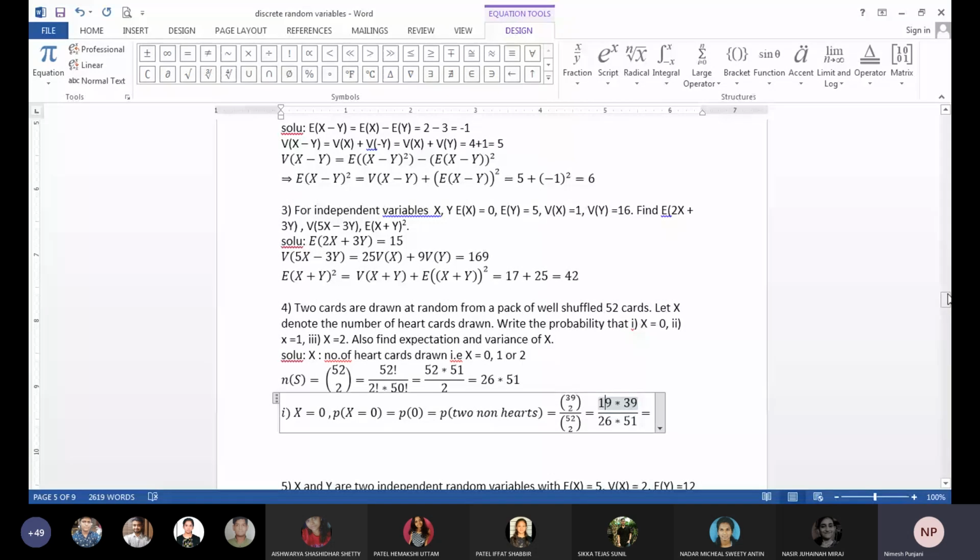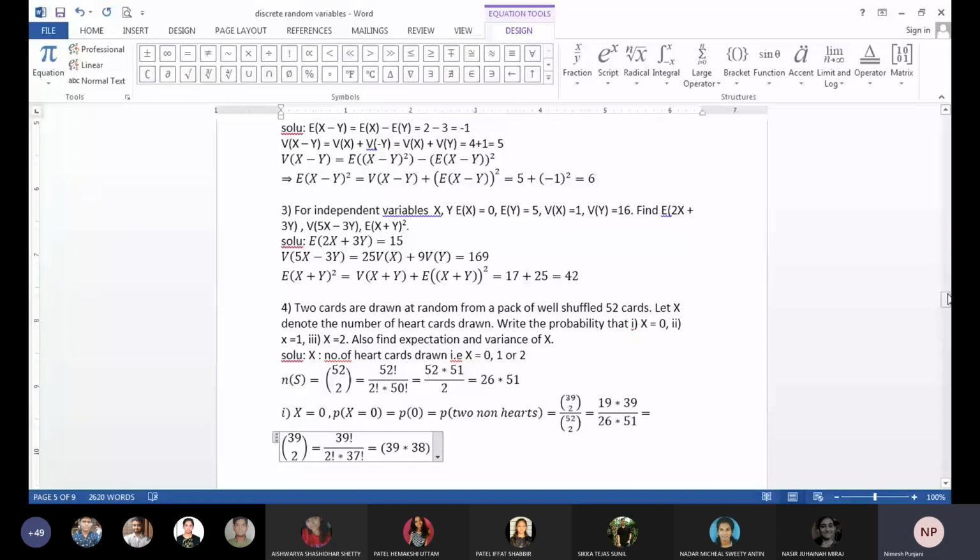What I will do is calculate this 39C2 separately and then substitute the value. 39 into 38 into 37 factorial divided by 2 factorial.